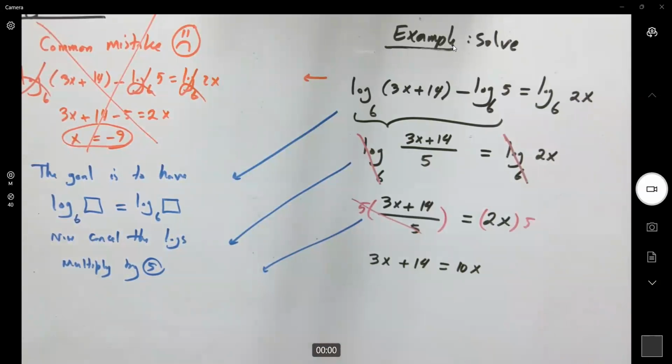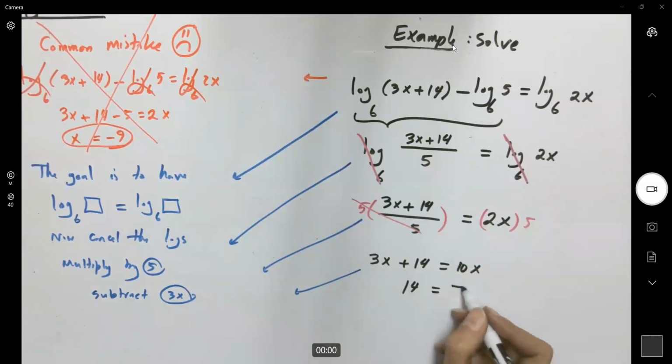We can subtract 3x. 14 is equal to 7x. Divide by 7.